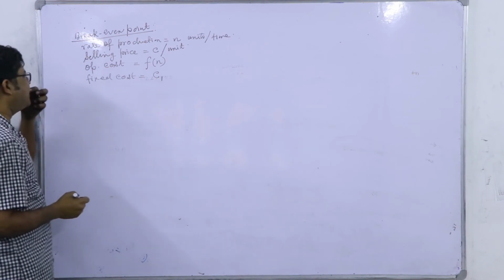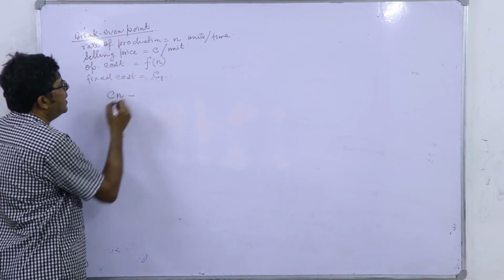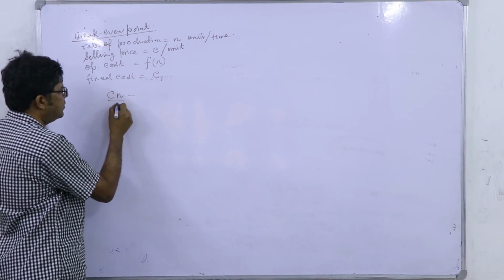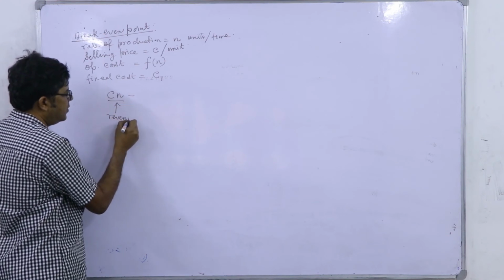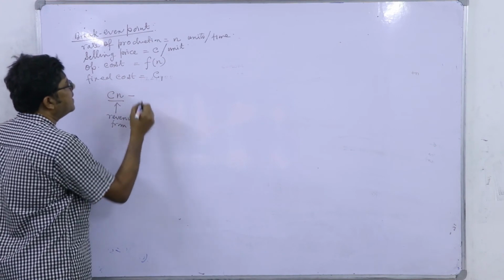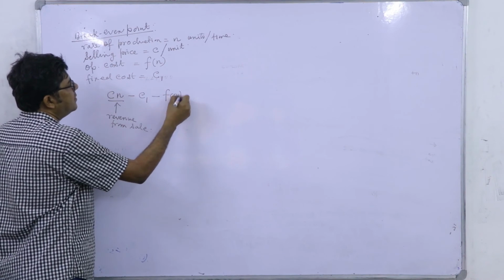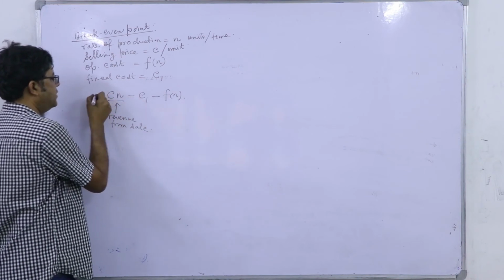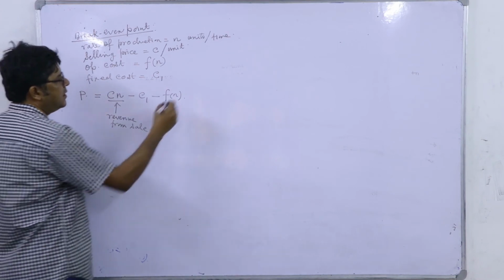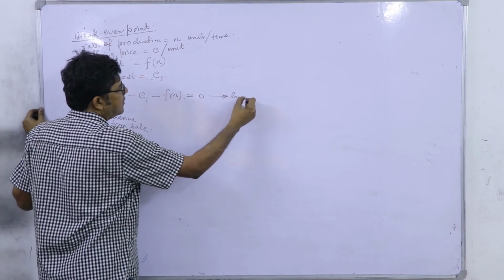So, what will be my break-even? C into N, that is the sales revenue, minus C1 minus F(N), this is equal to profit, and that we should set equal to 0, we get the break-even point.